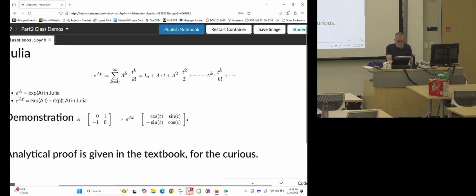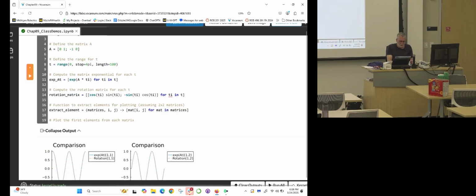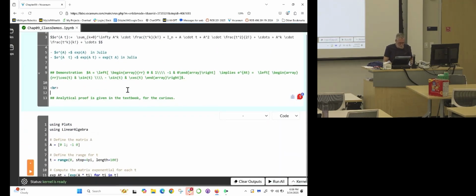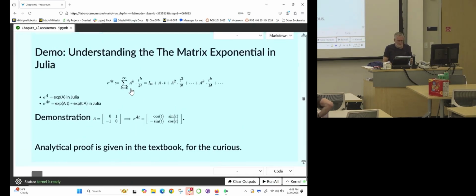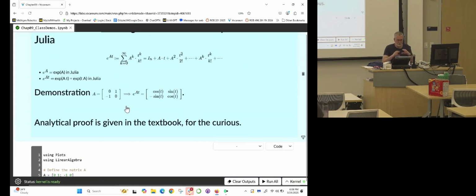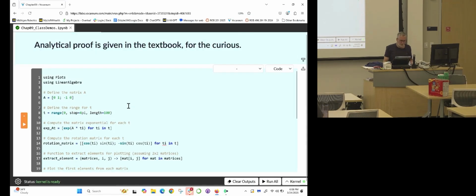In the textbook, we use the power series for cosine and sine to actually show this. We evaluate the power series in closed form, but that's kind of grungy.